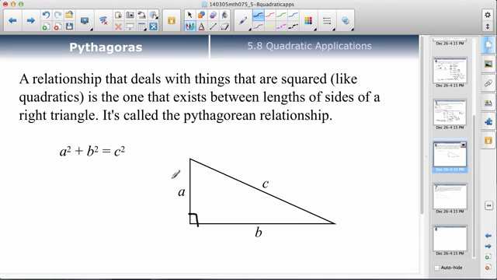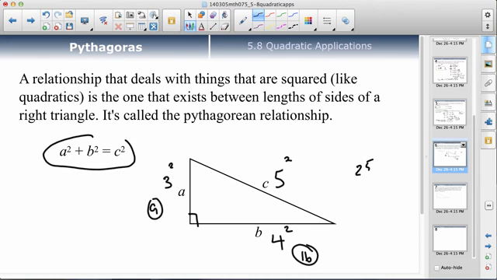For example, if this side was 3 and this side was 4, if I square this side, that would be 9 altogether. Square this side, that'd be 16 altogether. 9 plus 16 is 25. So this side would have to be 5, because 5 squared gives me 25.